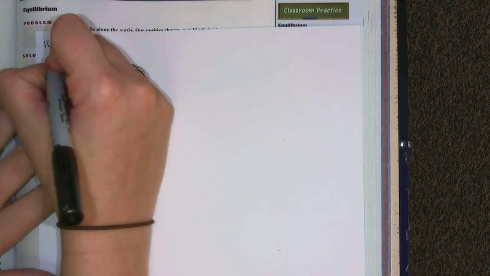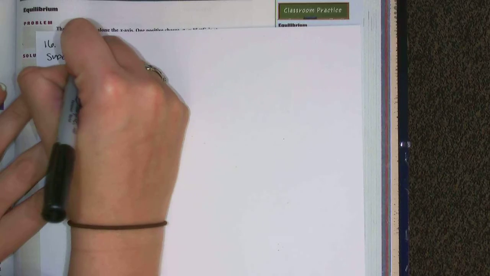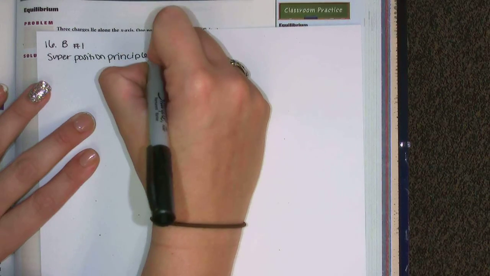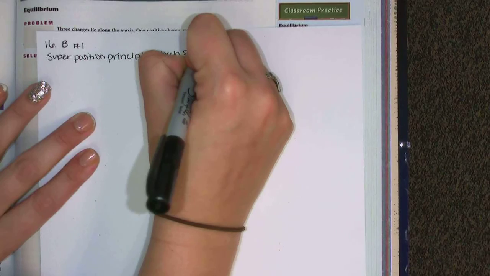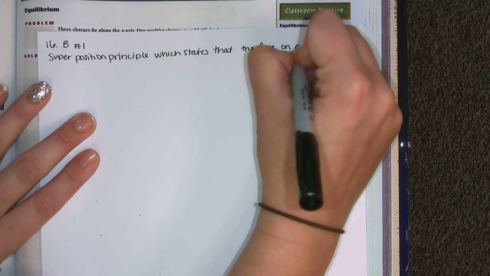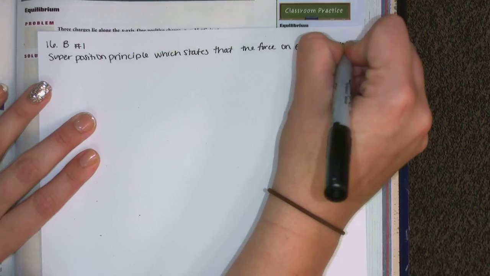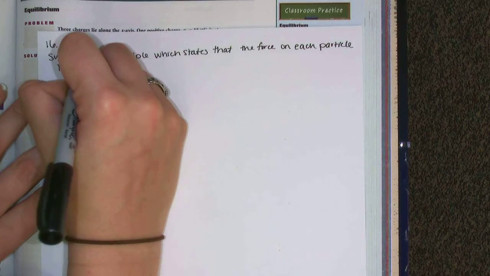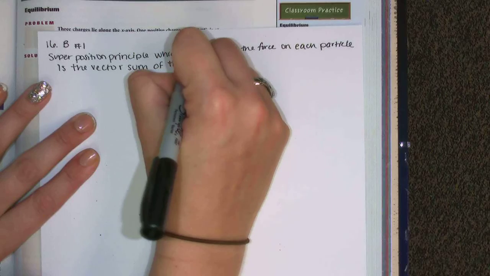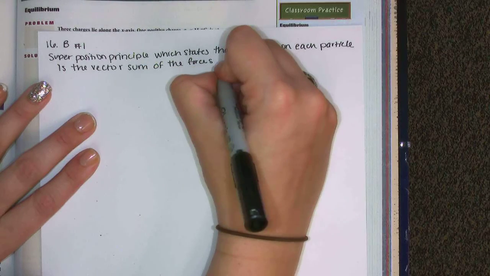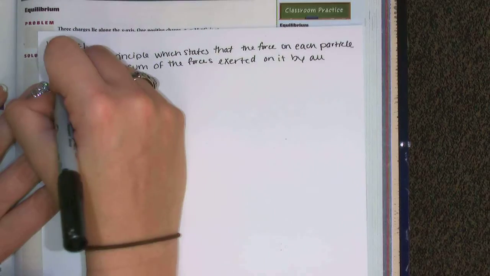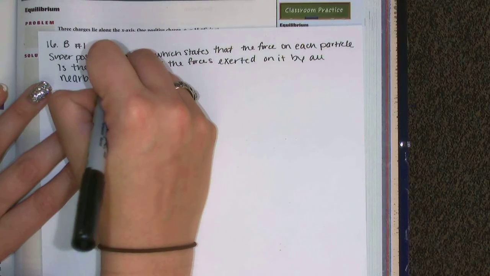So basically, we have this superposition principle, which states that the force on each particle is the vector sum of the forces exerted on it by all nearby charged particles.